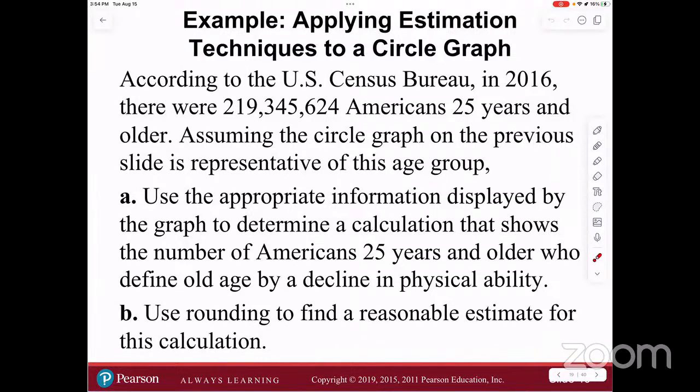In 2016, there were 219 million Americans. Maybe an easier number would be 220 million, right? 220 million. Use the pie chart or the graph to find the number of Americans 25 years and older who define old age by a decline in physical ability, right?